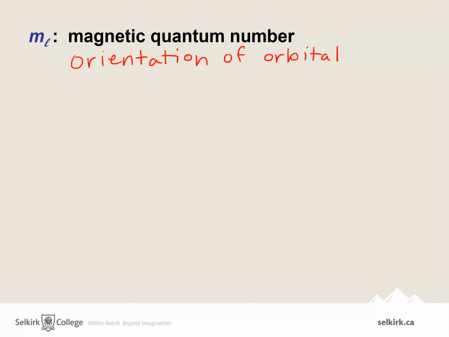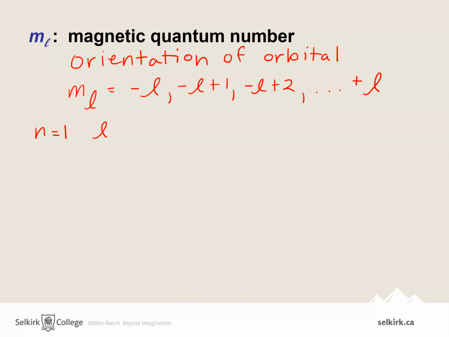The math for the orbitals came up with this rule for ml. It can be anything from negative L, negative L plus 1, negative L plus 2, and so on until I get to positive L. Pretty abstract. Let's apply it like we did when we learned about L. So we started at the first energy level.